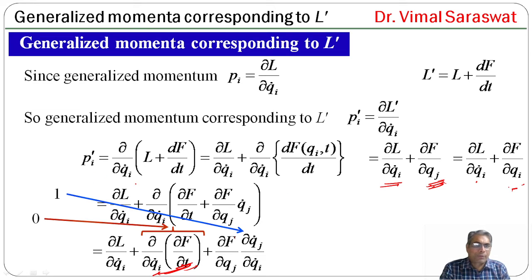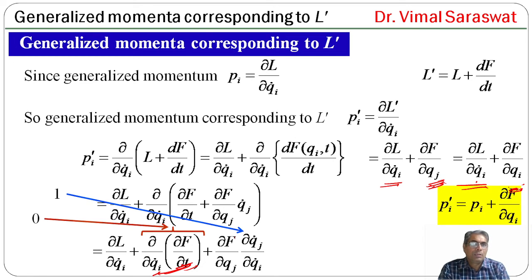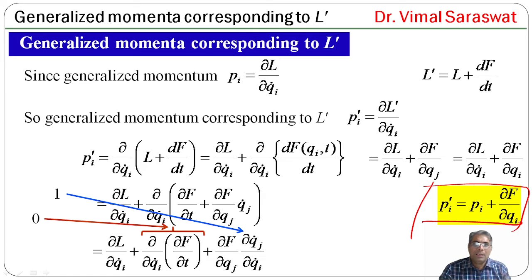So Pi' is equal to ∂L/∂Qi dot plus ∂f/∂Qi, and ∂L/∂Qi dot is actually the generalized momentum corresponding to L. So the generalized momentum corresponding to L' will be Pi' equal to Pi plus ∂f/∂Qi. So this is the generalized momentum corresponding to L'.